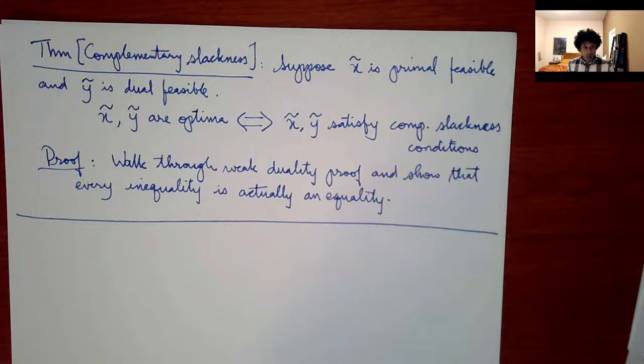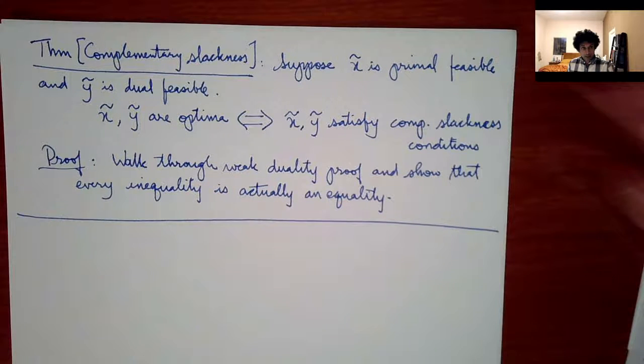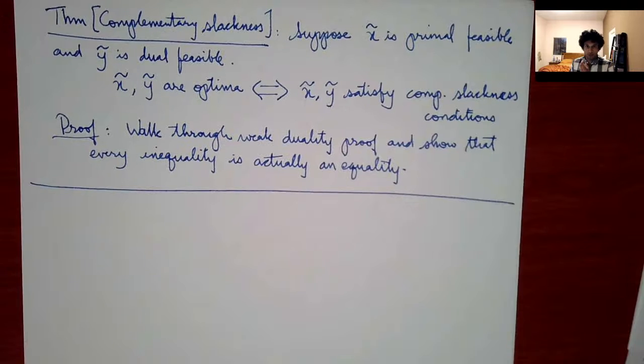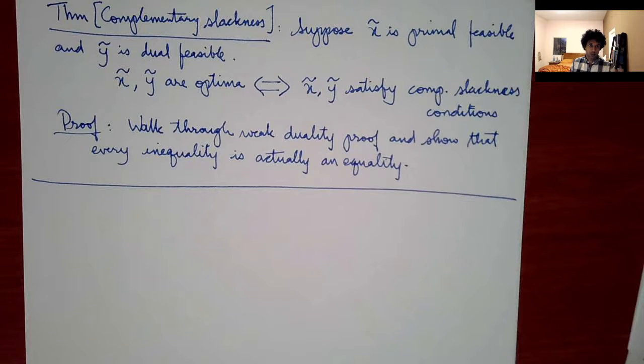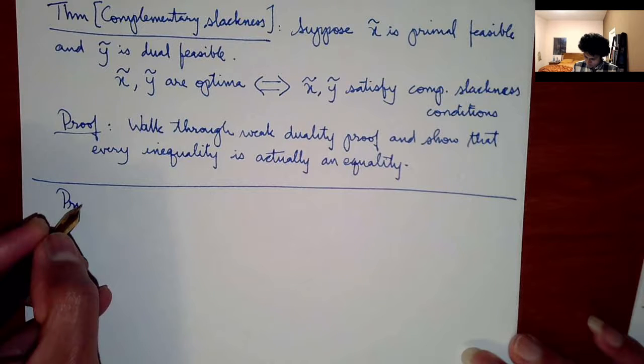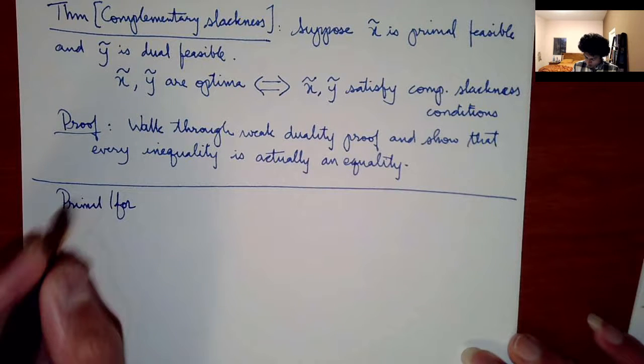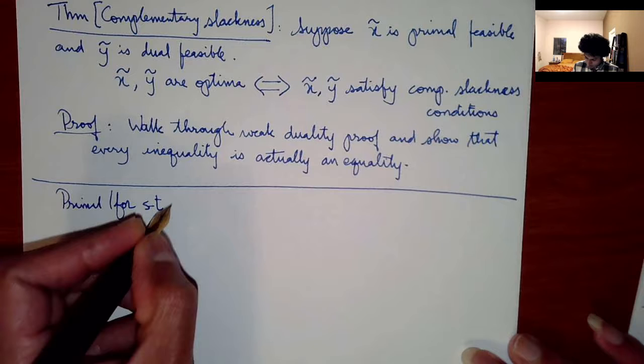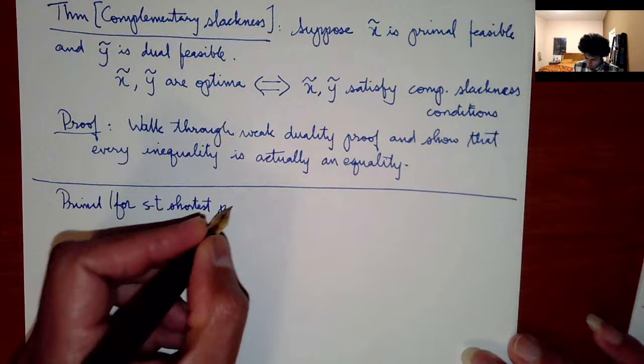To get some intuition, let's look at the dual of a very simple linear program, the shortest path linear program. So here's the primal for s-t shortest path.